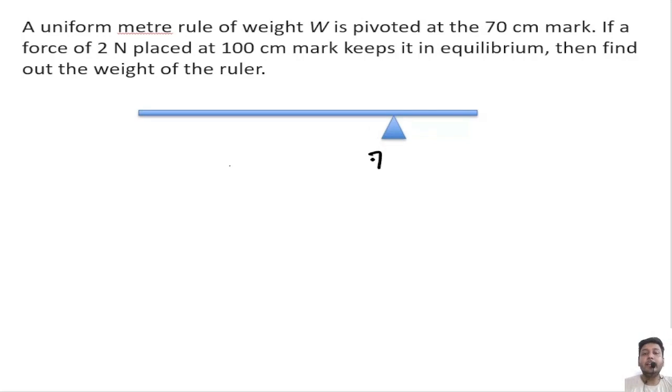This is the 70 centimeter mark where the meter rule is pivoted, and as we saw in the last numerical, the weight of the ruler will act exactly at its center. So it will act at the 50 centimeter mark, and it is given as W. Now imagine what kind of torque this weight W will give.